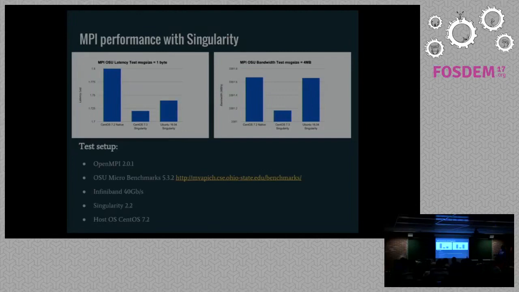And in terms of bandwidth, a container is performing almost equal to native code within the cluster. This is the setup for the benchmarks. It will be uploaded with the presentation to the web page.